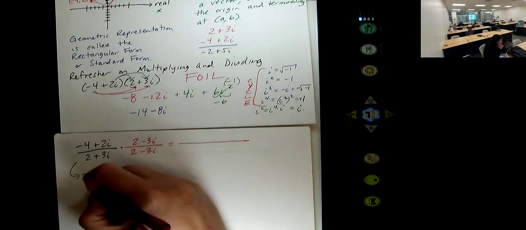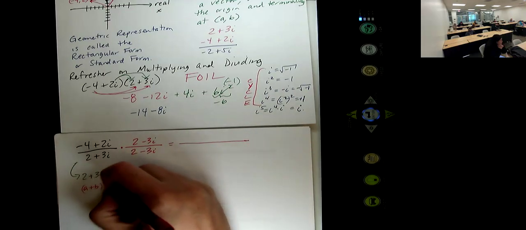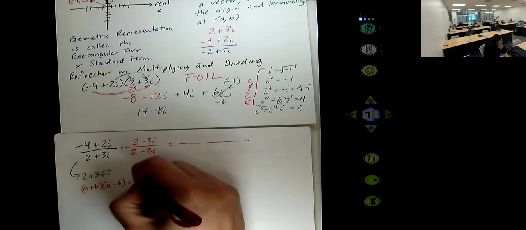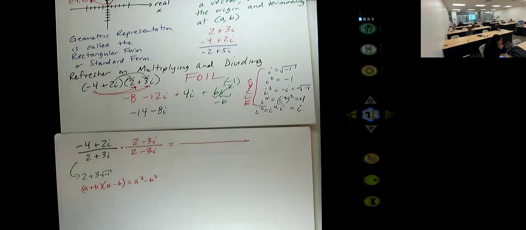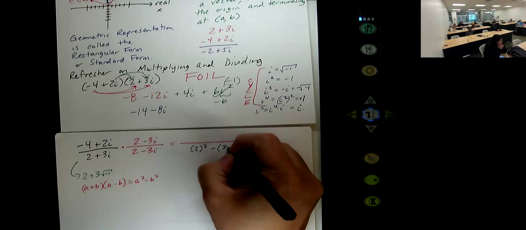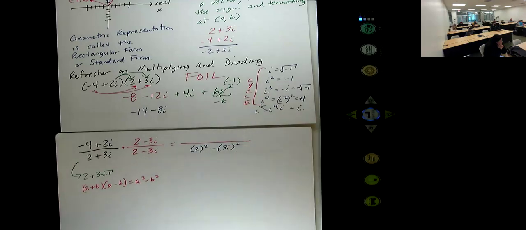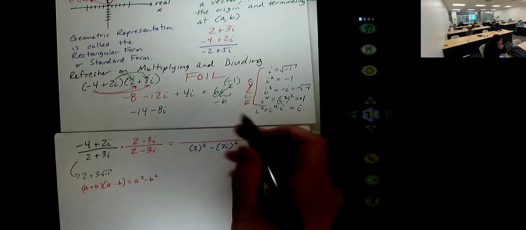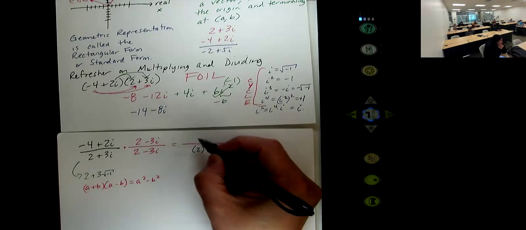This is effectively a plus b times a minus b on bottom, which is a squared minus b squared. Which means we get 2 squared minus 3i squared on bottom. And on top, we multiply that out.